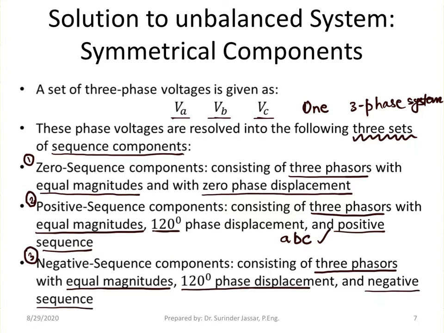So that means it will be more like A, C, B. If you have the phasor diagram of the three phasors in negative sequence, you're going to have A followed by C and C followed by B when you rotate it in the counterclockwise direction. So that is how we're going to divide one three-phase system into three sets of sequence components.